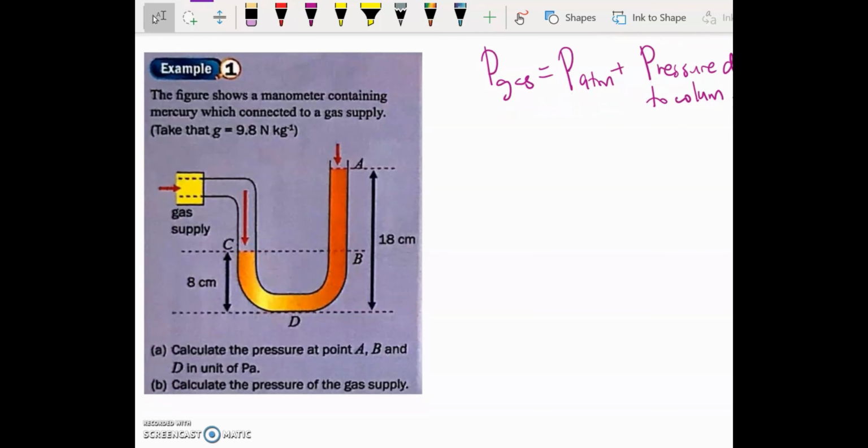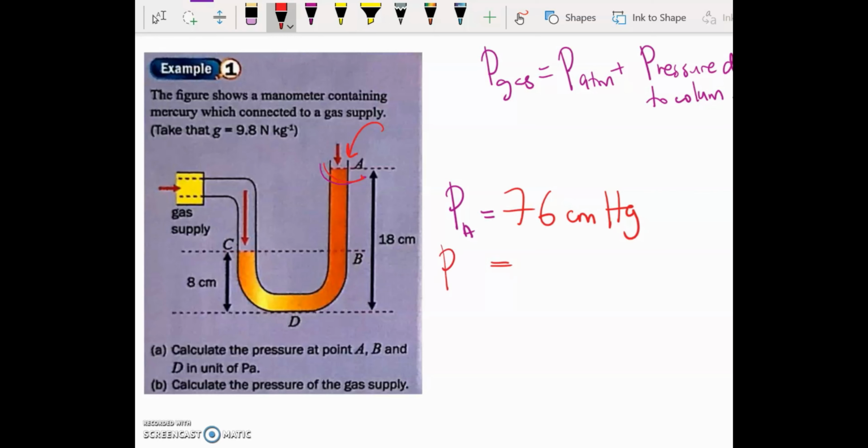First we need to find the pressure at point A. Point A is an open end, which means it is exposed to atmospheric pressure. So this one is simple. Atmospheric pressure is 76 centimeter mercury.